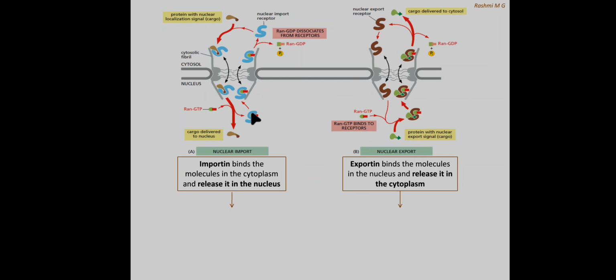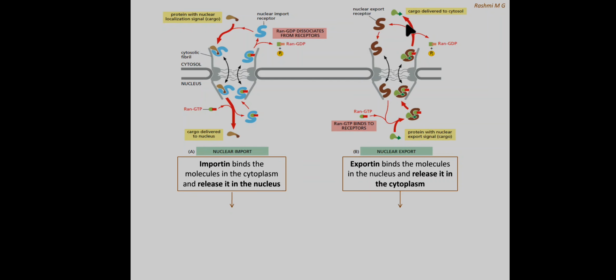RAN GTP along with the receptor gets back to the cytosol, where the receptor is left free and RAN GTP hydrolyzes to RAN GDP in the cytosol. So this is importin, where the protein is getting inside the nucleus.